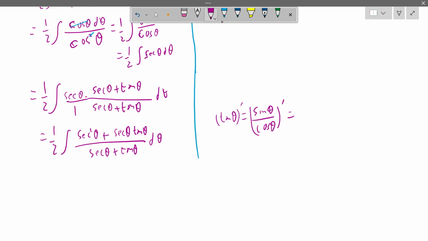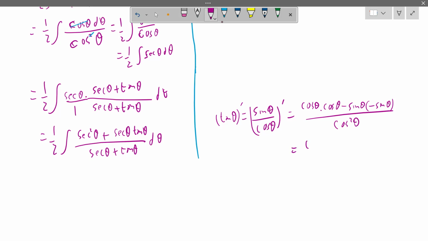So you have the derivative of sine of theta, which is cosine of theta, and then you multiply it by the denominator, and then minus sine of theta times the derivative of cosine of theta, which is minus sine of theta, over cosine squared theta.